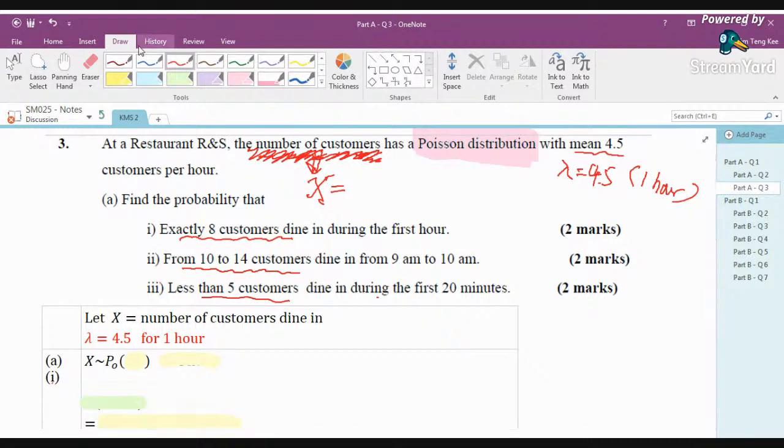Therefore, I will start my solution by defining X as the number of customers that dine in, because here we discuss how many customers dine in. And what I wrote in red is lambda equals 4.5 for 1 hour. You don't have to state this down, but you just need to take note and be alert. Now we're going to solve for each of these cases.